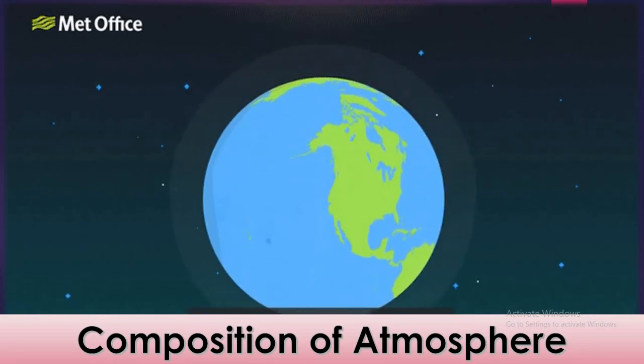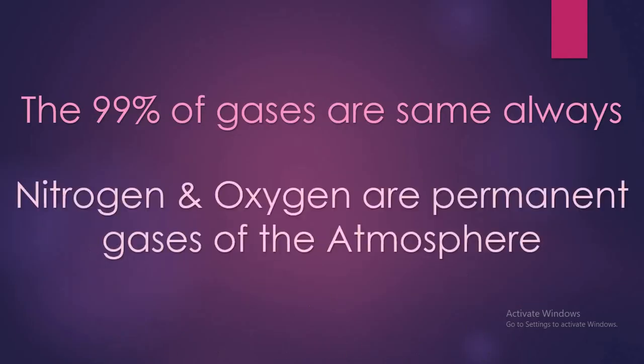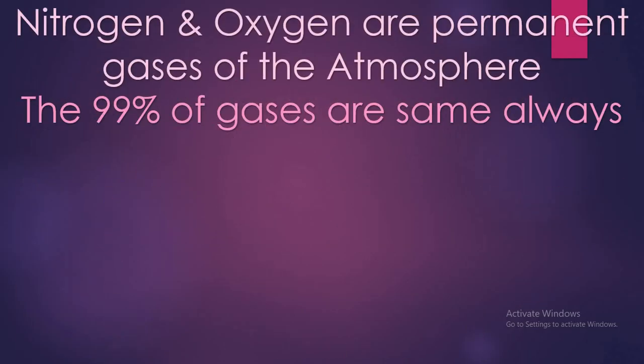Let's see the gases of 1%. Nitrogen and oxygen are permanent gases of the atmosphere, so they cannot be changed. So about 99% of these gases are always the same.